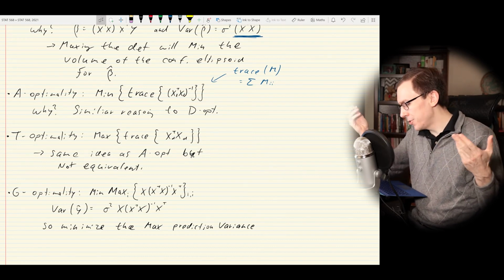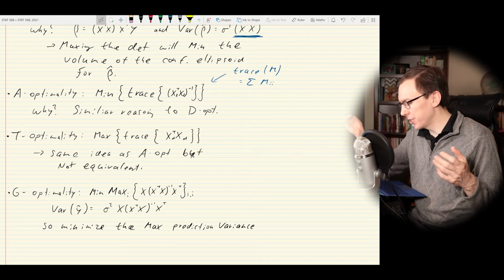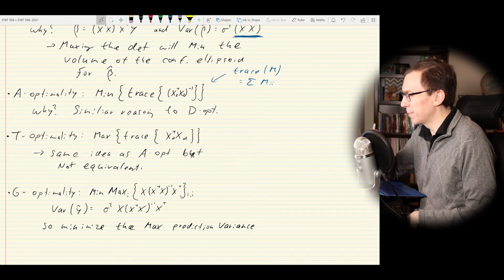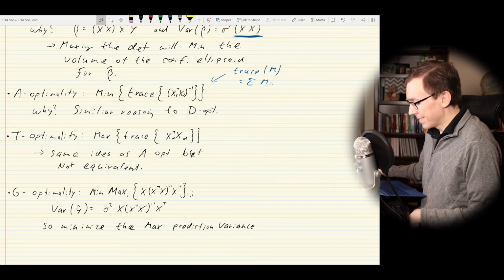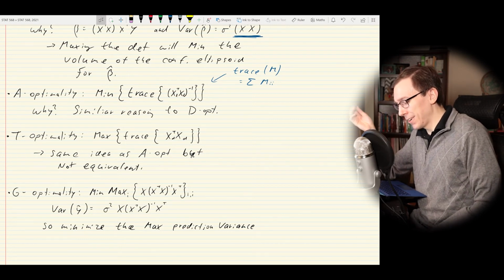The other ones are estimation variance, but ultimately they're all doing a very similar thing. I don't have a good reason to choose one over the other, but it is good to know that there are lots out there.